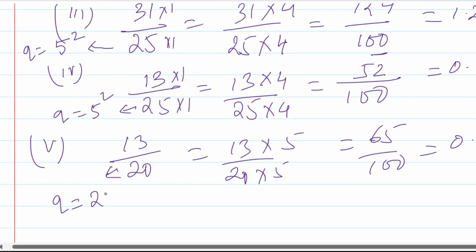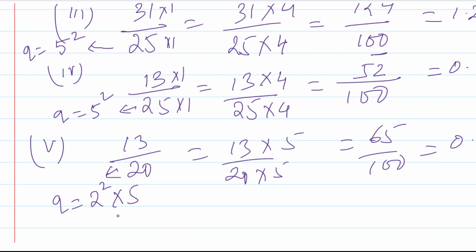Q will be 2 square into 5, meaning both 2 and 5. So the property that Q must satisfy is that the prime factorization of Q must have a power of 2, or a power of 5, sometimes power of 2, sometimes power of 5, and sometimes both. Is that clear?